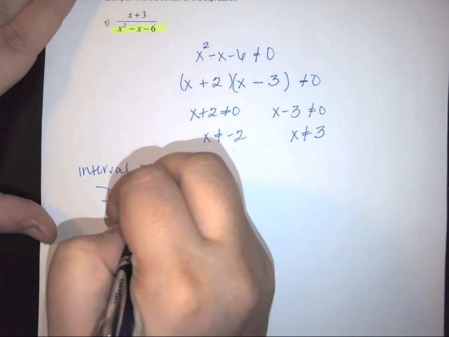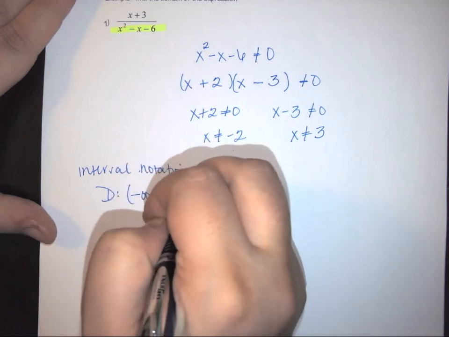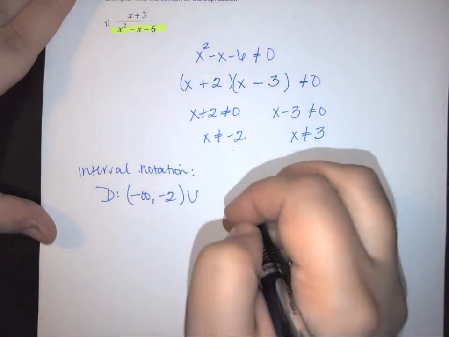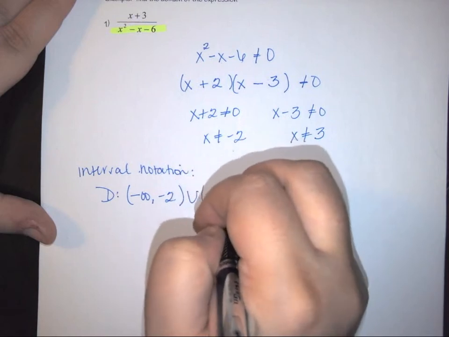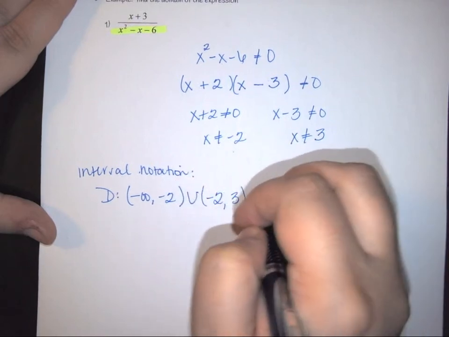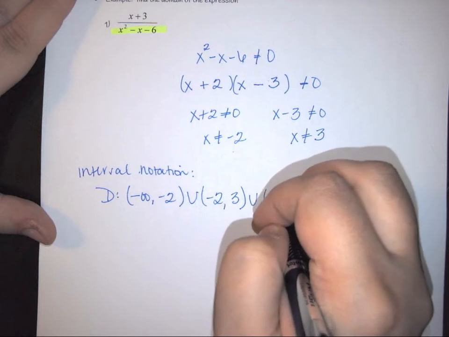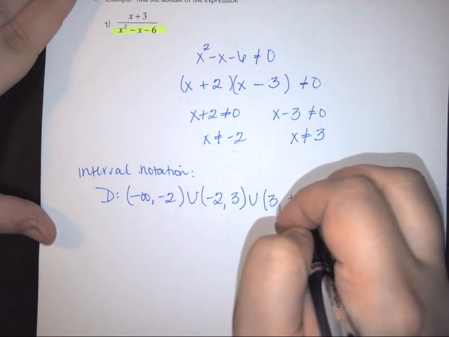So we have negative infinity up to negative 2. We're going to union this from negative 2 to 3, and union it from 3 to positive infinity.